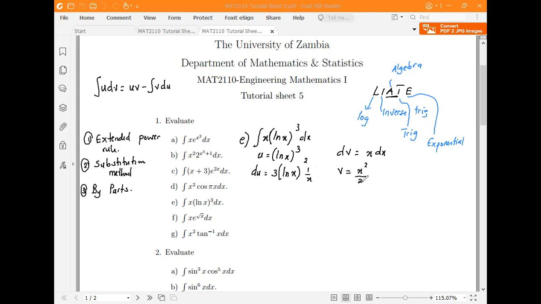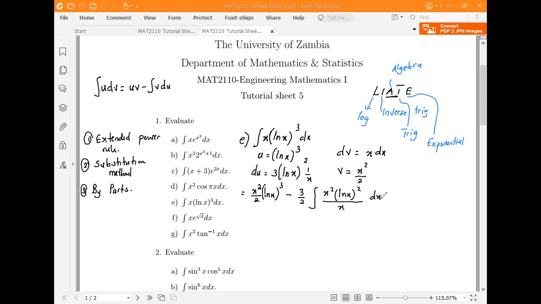So when we put them together, we'll have x squared over 2 ln x power 3 minus 3, because now we're doing v du. So I'll put the 3 over 2, and then the integral of x squared ln x power 2 over x.